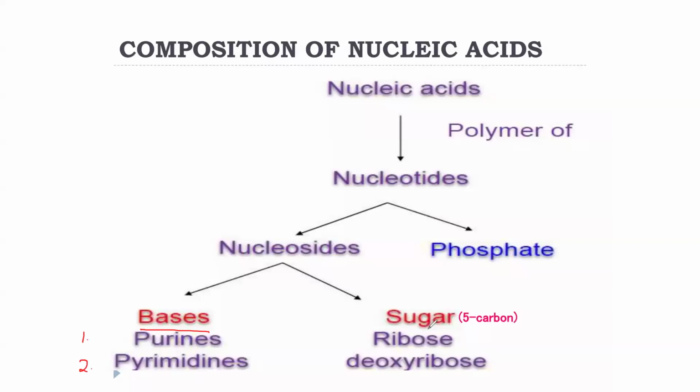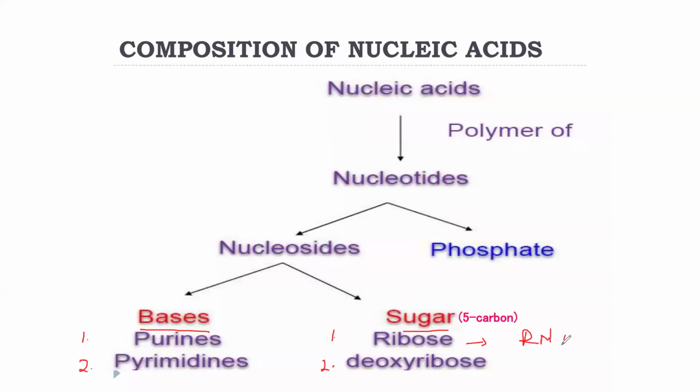And then for the sugar, we also have two types of sugar that are found in nucleic acid. We have ribose sugar and we have deoxyribose sugar. The ribose sugar is only found in RNA. So we have ribose sugar in RNA.